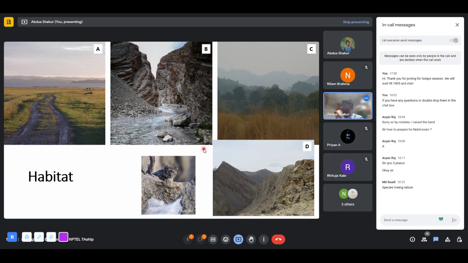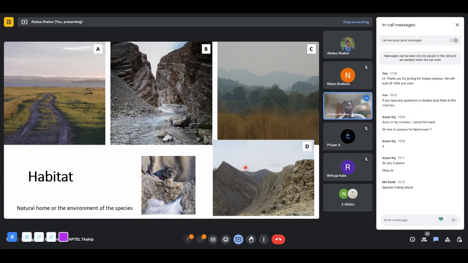No response. Okay. So snow leopard, as you might have heard, is a species found at higher altitudes, meaning more than 3,000 meters in height, and you can see it in mountains. So mountainous regions are the places where the species can be found.